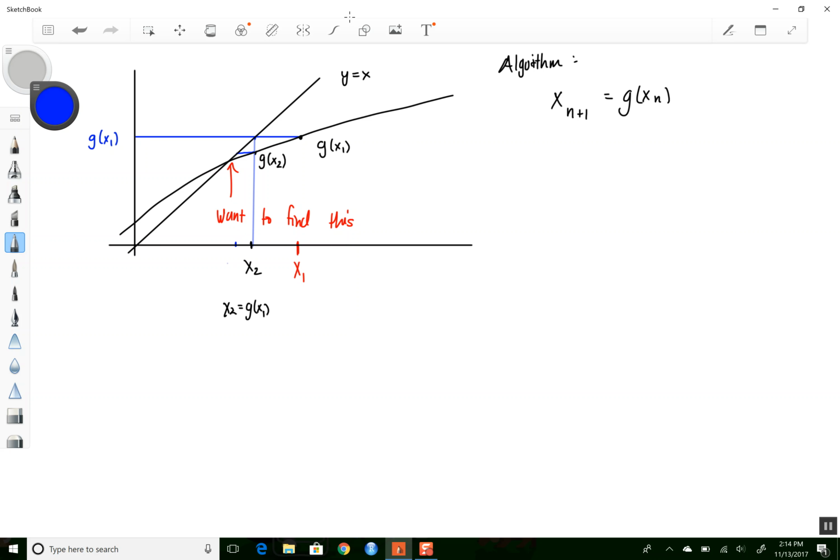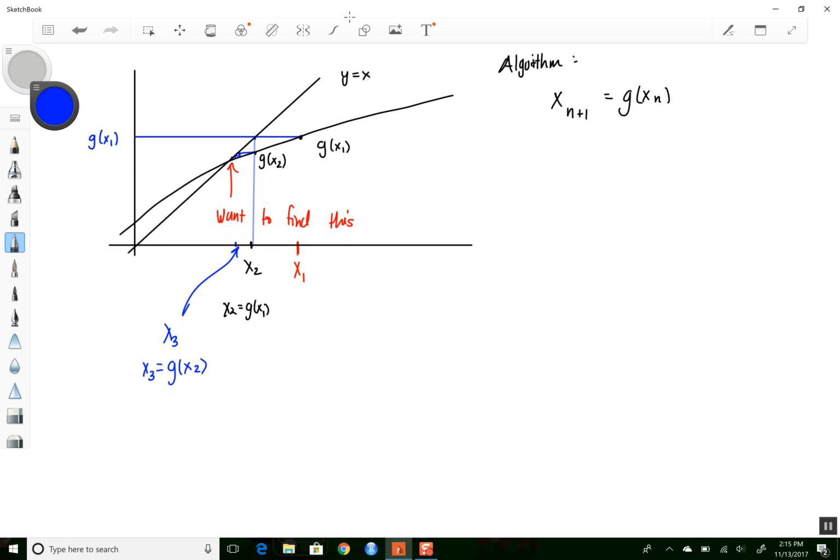This is going to be x3. x3 is equal to g of x2. And we can see that continuing this out will eventually lead to convergence right there, where g of x is equal to x. Okay.